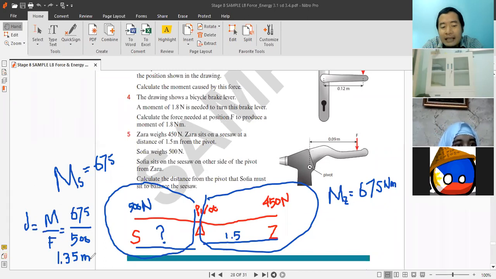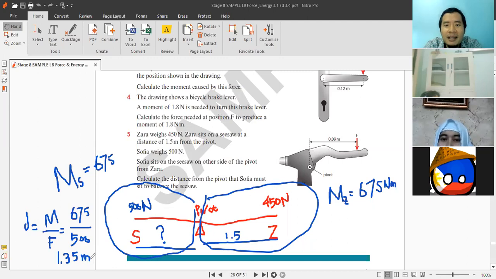So we can make a conclusion: if the force is smaller, the distance must be bigger. Zara has 450 newtons and Sophia 500 newtons, but Zara's distance is larger: Zara 1.5 meters, Sophia only 1.35. This is about the proportion of the force and the distance.